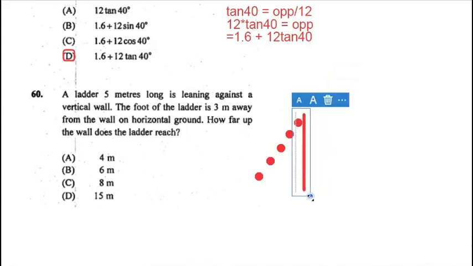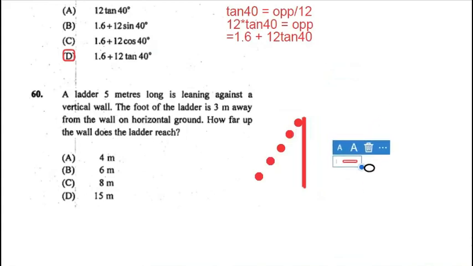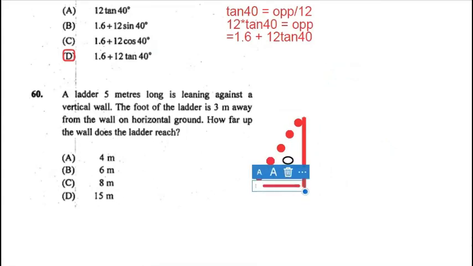So this is our wall. The foot of the ladder is 3 meters away from the building. So right here is 3 meters. How far up the wall does the ladder reach?